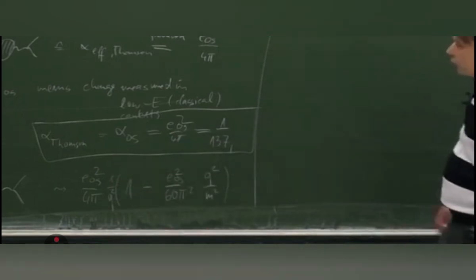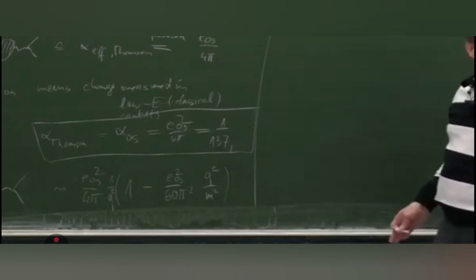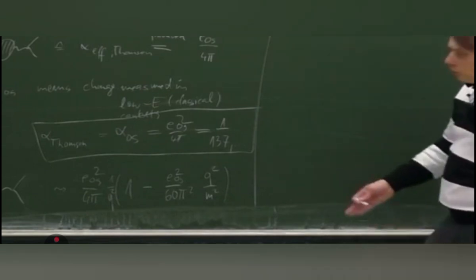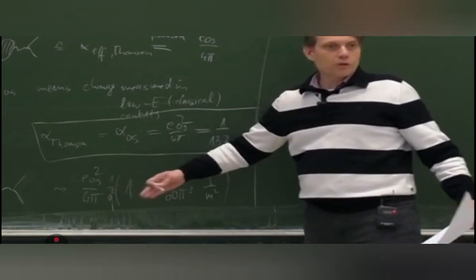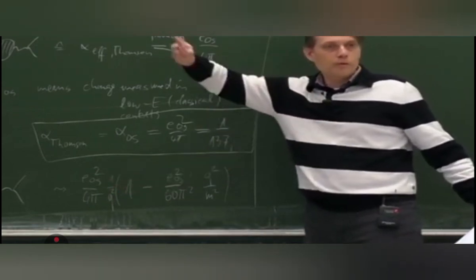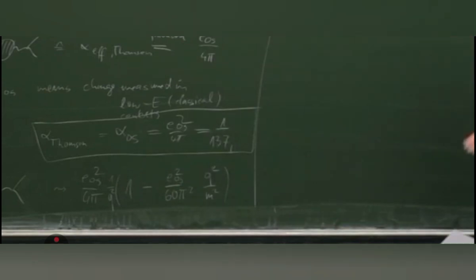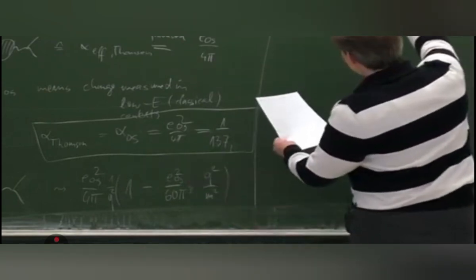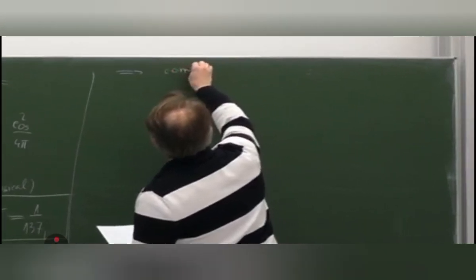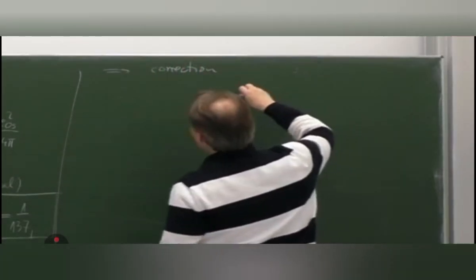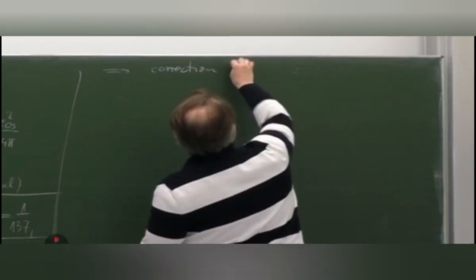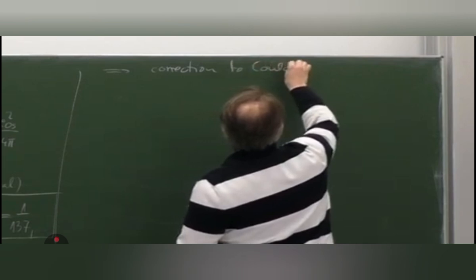If you start with a classical potential V of x, the scattering amplitude is the Fourier transformation of the potential, where the argument is the 3-vector Q of the 3-momentum change. So what we need to do here in order to extract it is the following. Namely, we can Fourier transform back to position space, but replace the 4-momentum by a 3-momentum. So this is a correction to the Coulomb potential.